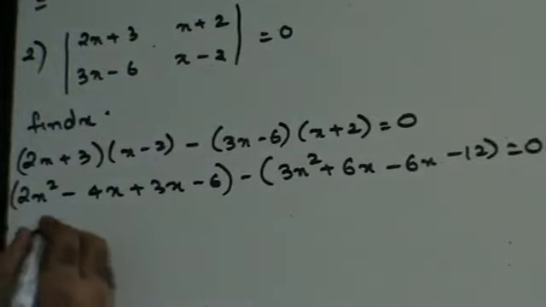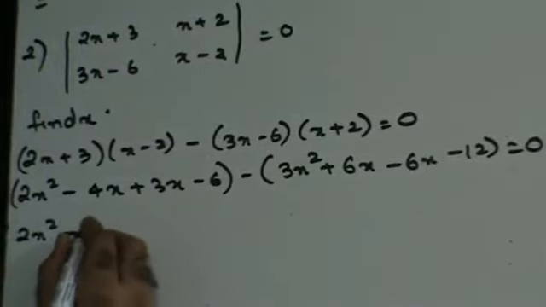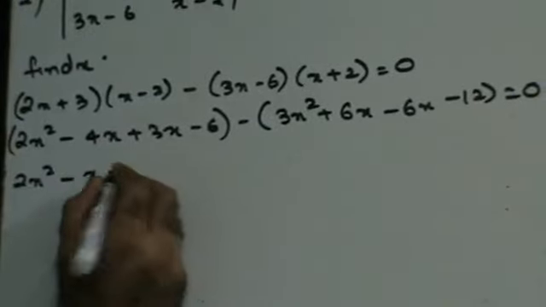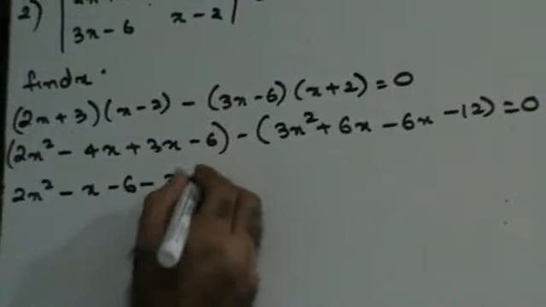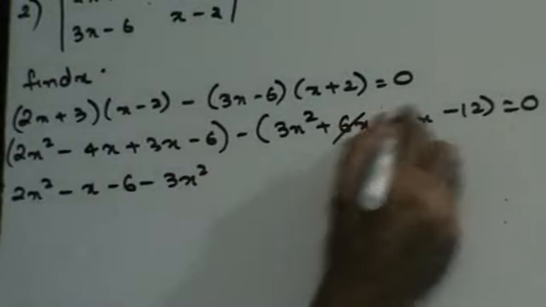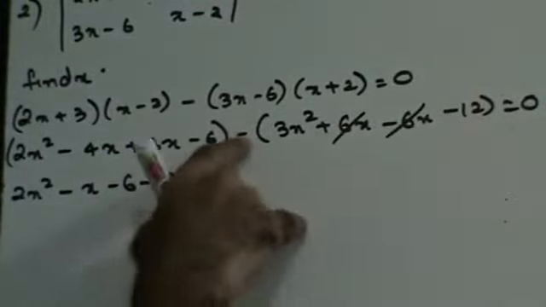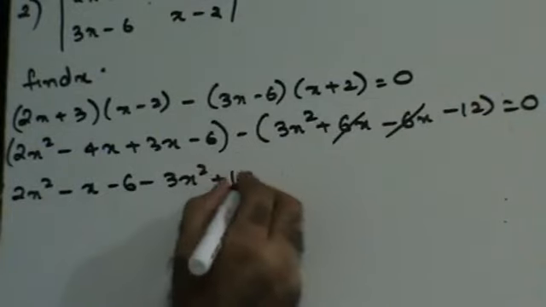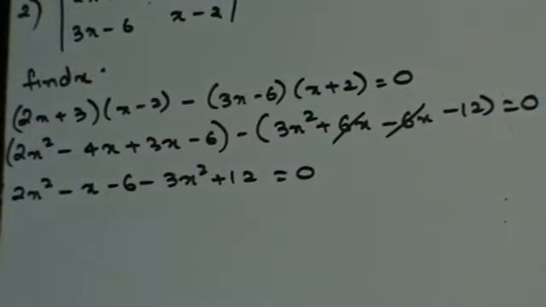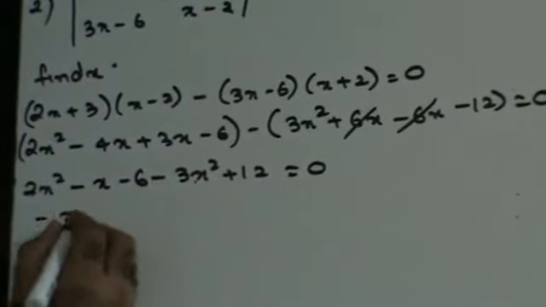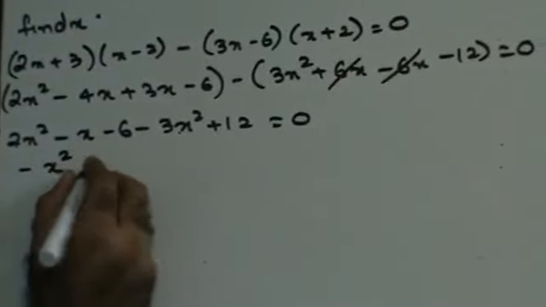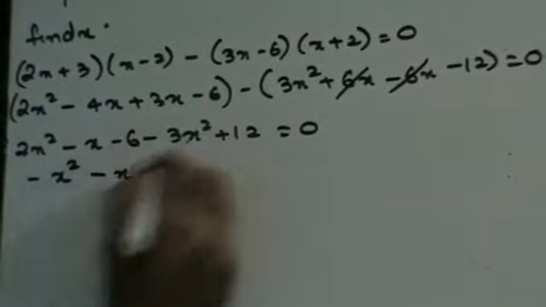So this will be x square minus 2x plus 3x is plus x minus 6. Open the bracket, minus 3x square plus 6x minus 6x gone, minus into minus, plus 12 is 0. So in that case this is going to be x square minus 3x square, minus 2x square, plus x plus 6 is 0.